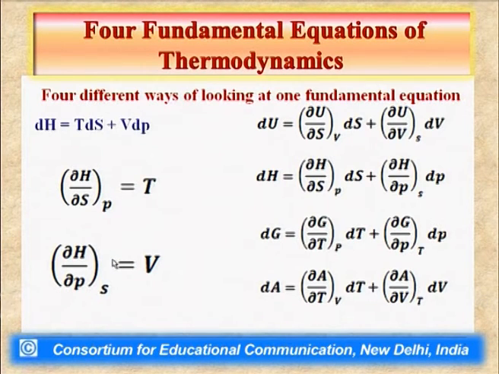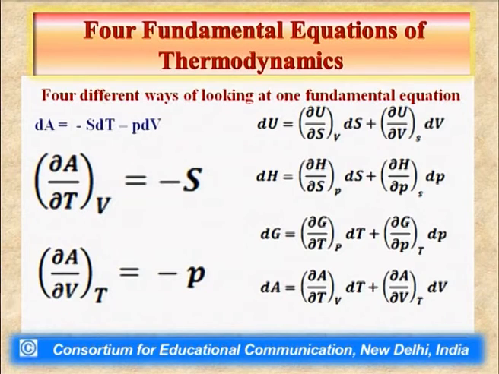So, this suggests that when you increase the entropy of the system under the condition of constant pressure, the enthalpy would increase, and when you keep the entropy constant and increase the pressure of the system, it will also raise the enthalpy of the system. That is the implication we can understand from these differential coefficient values.